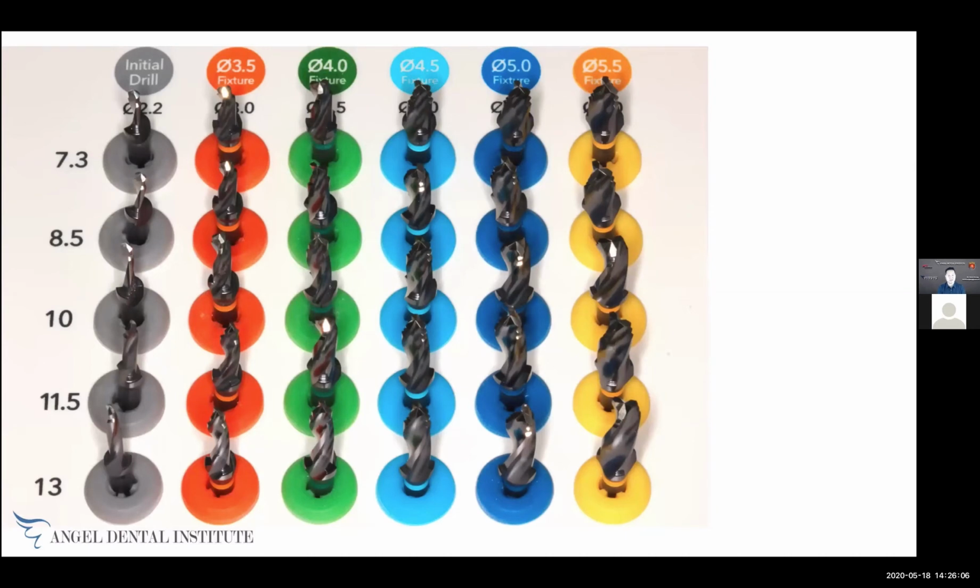Now, if you look at the main part of the kit, on the top it says initial drill 3.5, 4.0. Let's divide that. Initial drill 2.2 millimeter diameter, the gray area on the far left. They're all 2.2 millimeter diameter, but if you go from top to bottom, they're different in length, okay?